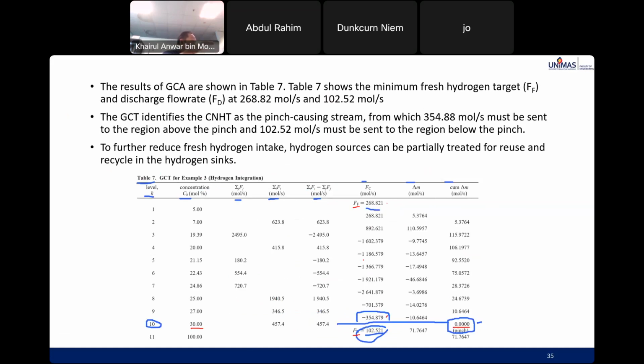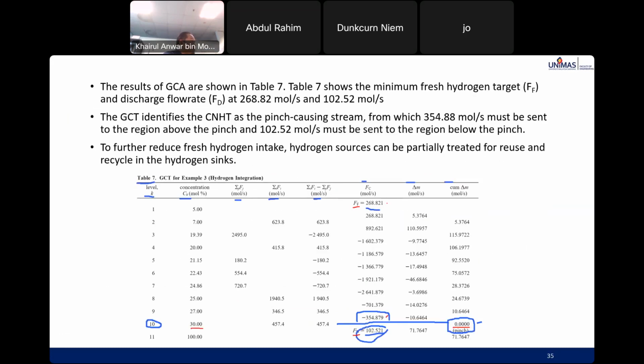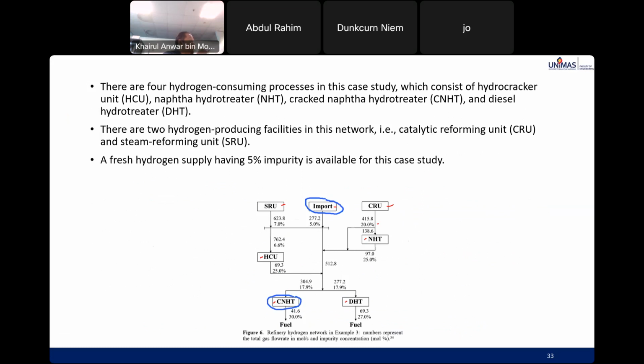So at this stage, the minimum required is 268. If you refer back to this figure, the fresh hydrogen supply is at 277.